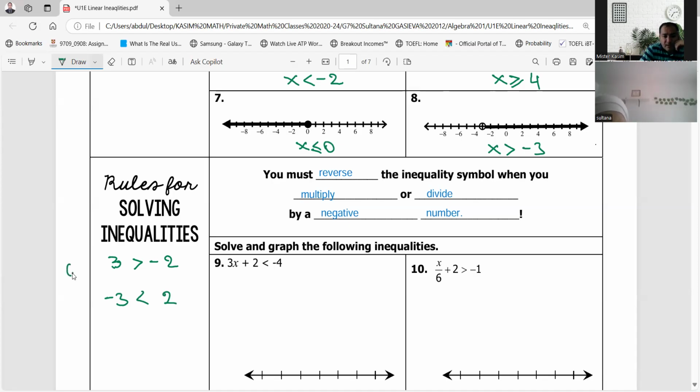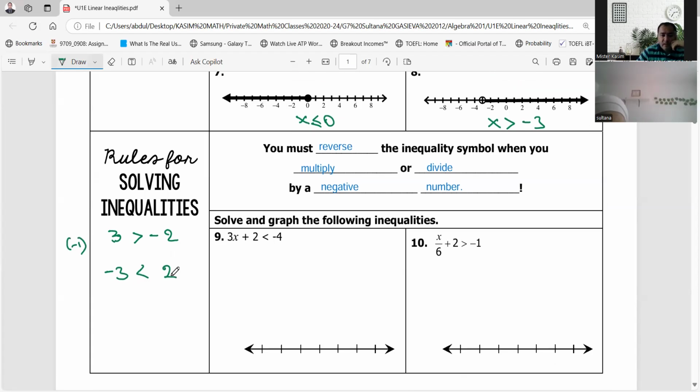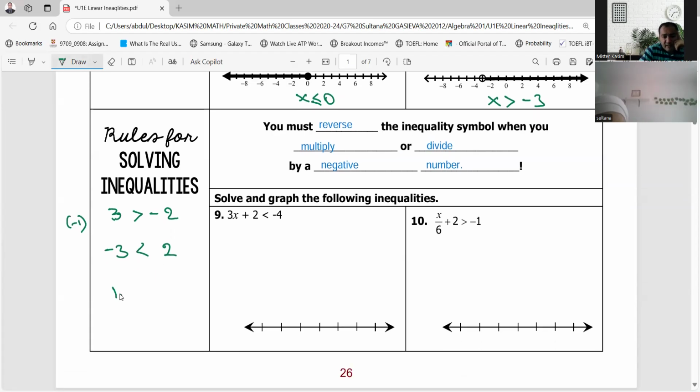Because I multiplied by -1. And now look at this. We know that 10 is greater than, let's say, 6. Now divide by -2. 10 divided by -2 is -5, and 6 divided by -2 is -3. And we know that -5 is less than -3, because -5 is to the left of -3. Only when you divide or multiply by a negative number do you need to reverse the inequality symbol. Other rules are the same as for equations.